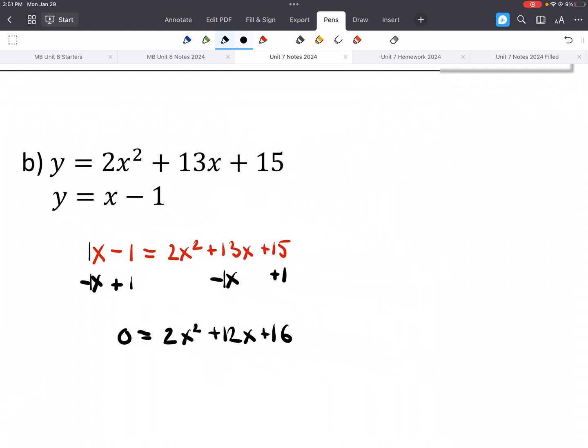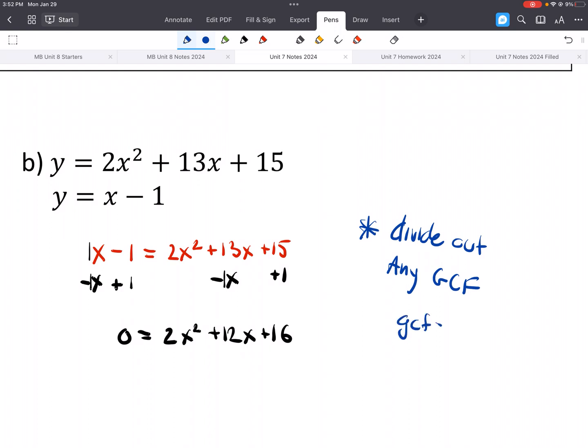So in the class I asked students, before we start the puzzle, before we factor, what should we always check for first? We should always divide out any greatest common factors. Okay, so for this example, the greatest common factor is 2.